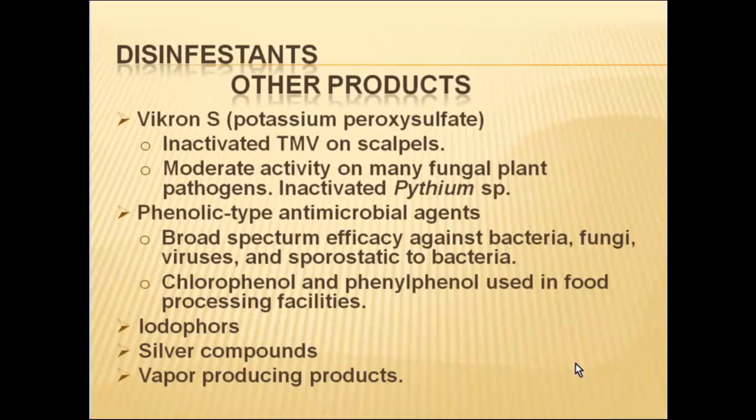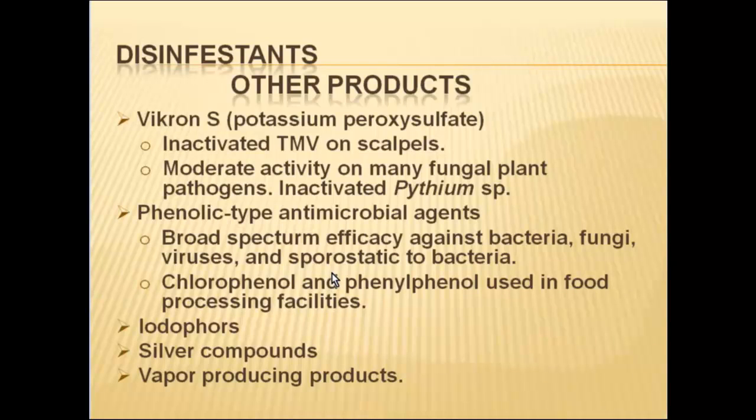There's a number of other products on the market, though I'm not seeing them being marketed for agricultural use. Vicron S is one that is marketed for agricultural use in some of the European countries. You've got a range of disinfestants such as phenolic type compounds, things like chlorophenol and phenylphenol are used in some of the food processing facilities.